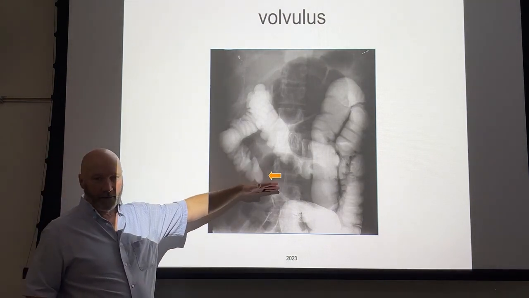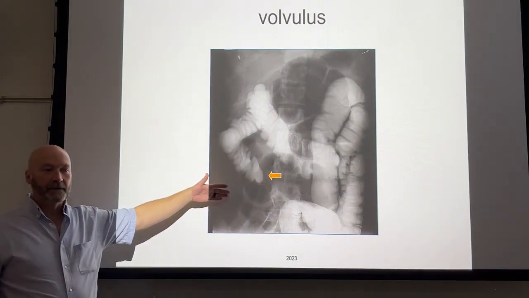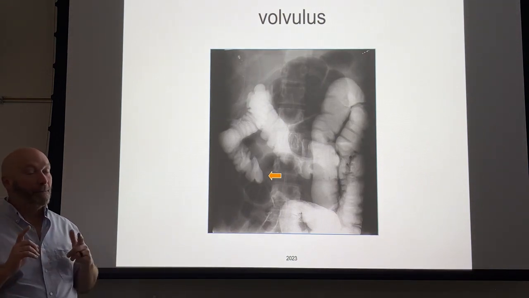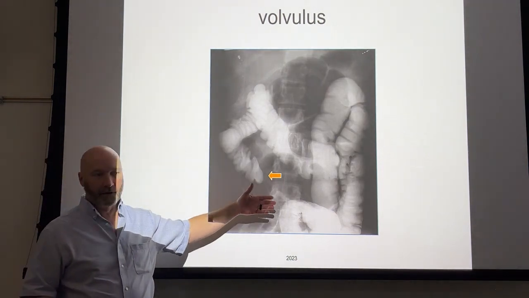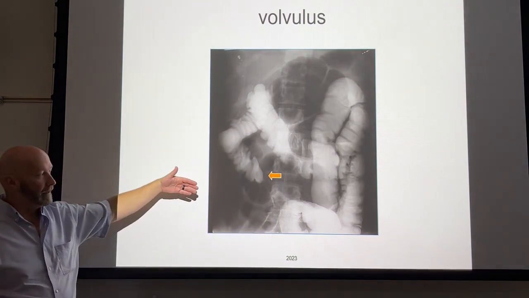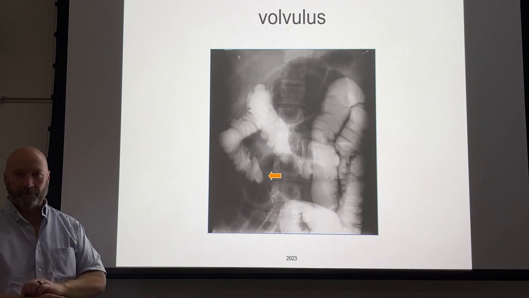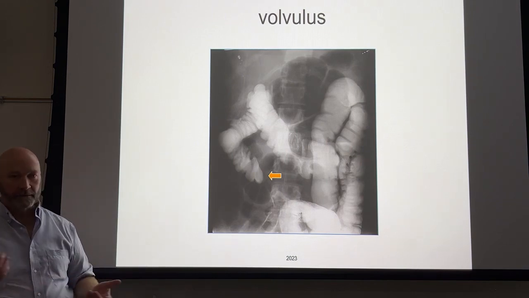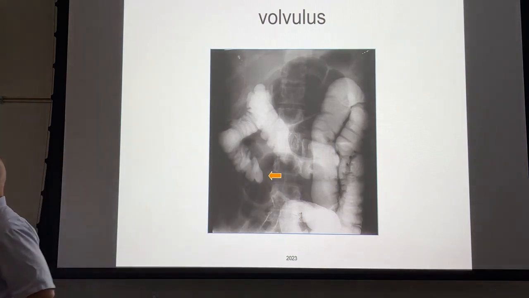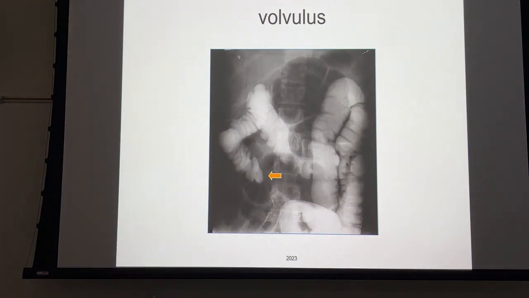So you've got a bowel doing the same thing, and you're going to have compromised blood flow. At best, you've got a bowel obstruction. Nothing can go through there. But you might also have compromised blood flow, eventually leading to something like a necrotic bowel. So volvulus, twisting, and they call it a bird's beak sign. That doesn't really look like a bird's beak to me, but okay.